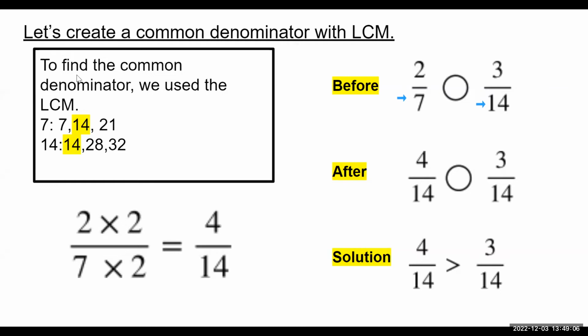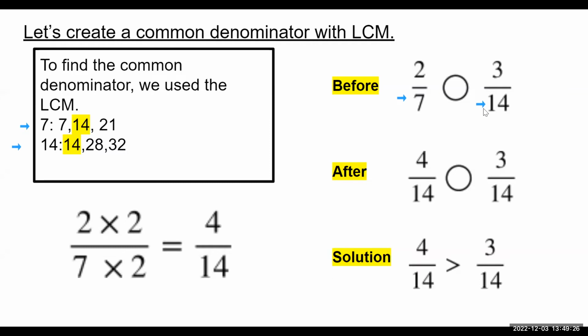For our scholars that can't identify the relationship quickly, we can have them write out their multiples. So I have my scholars write out their multiples for 7 and for 14 to figure out what denominator they have in common that we could use to solve this problem.